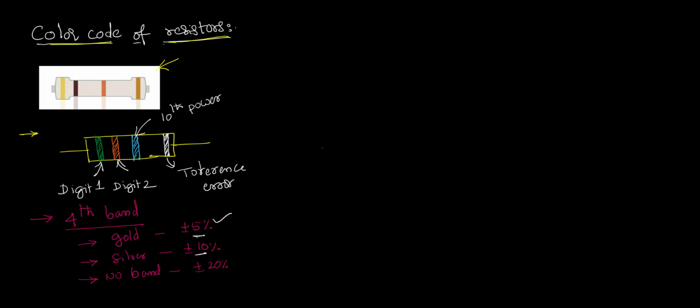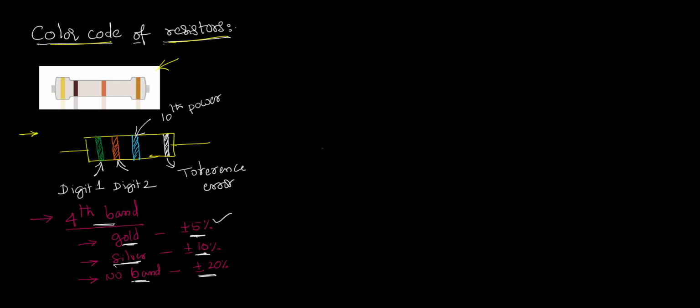It cannot be an absolutely exact value. So that's about the fourth band. Gold means plus or minus 5%, silver means 10%, and no fourth band means an error of approximately 20%.